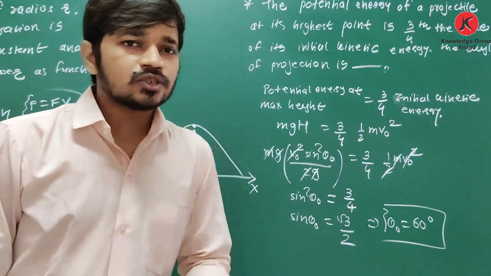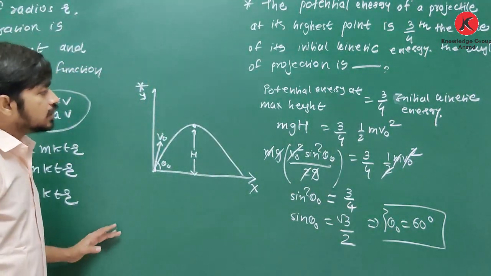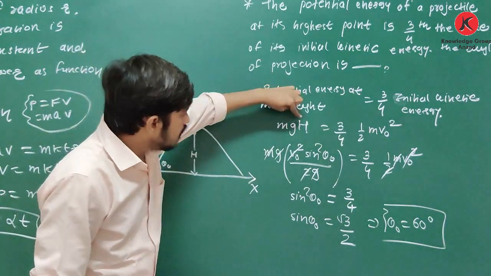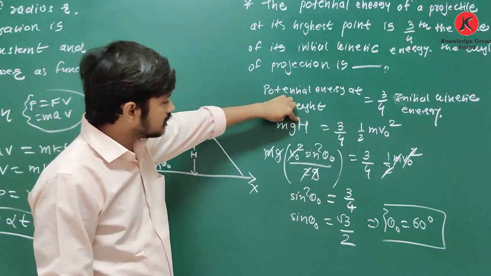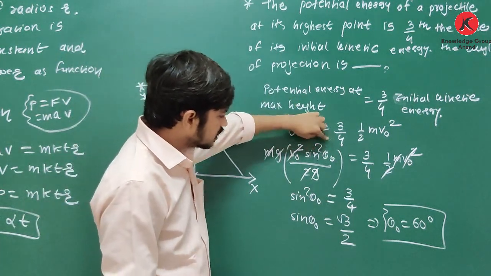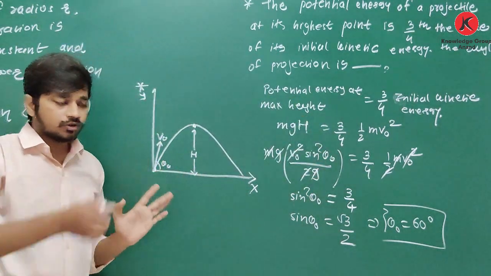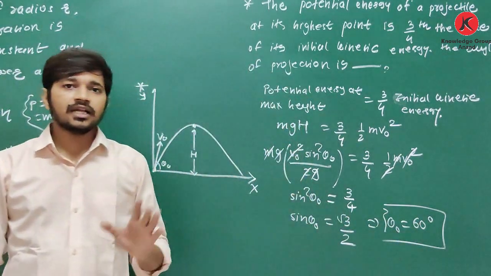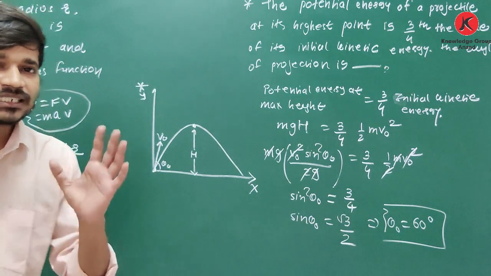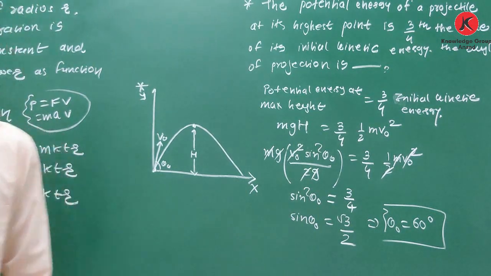For projectile motion you have to remember the equation of H, that is the maximum height obtained by the projectile: v0 square sin square theta 0 upon 2g. The angle of projection theta 0 is equal to 60 degrees. Clear about this?